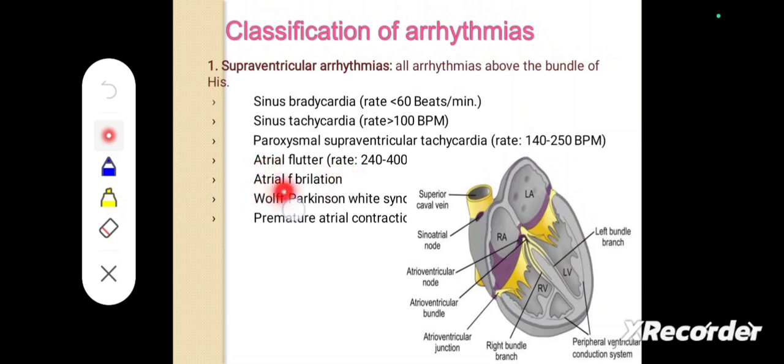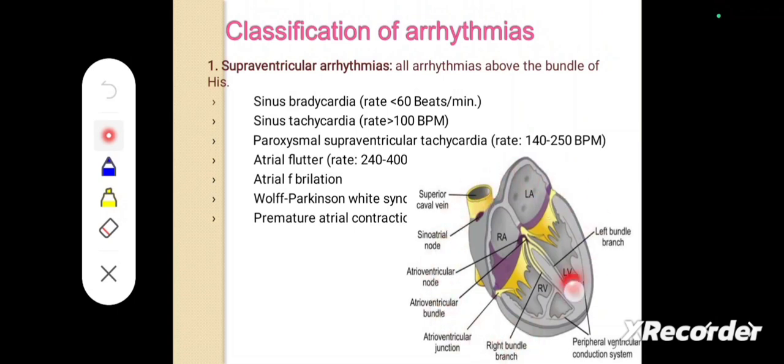Atrial fibrillation is characterized by a rapid, disorganized atrial rhythm at a rate of 350 to 600 per minute, occurring due to random or changing firing of automaticity. Next, Wolff-Parkinson-White syndrome and premature atrial contractions. So these are the types of supraventricular arrhythmia.